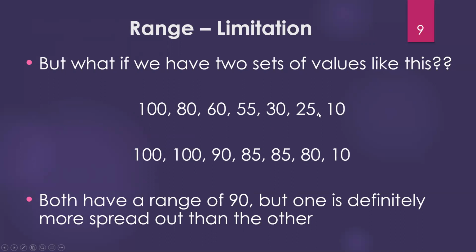So even visually looking at this, these two data sets have the same exact range, but that's not perhaps a tell-all type of measure of how spread out the values are, because it only takes into account the highest and the lowest values.